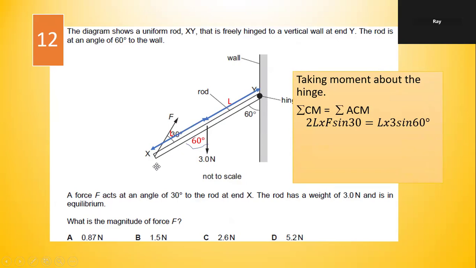That's your clockwise. The perpendicular force is the component there. And then anti-clockwise is this one. Perpendicular will be here, so it's L times 3 sine 60, where the perpendicular component is here. And look it out, C, okay, good.